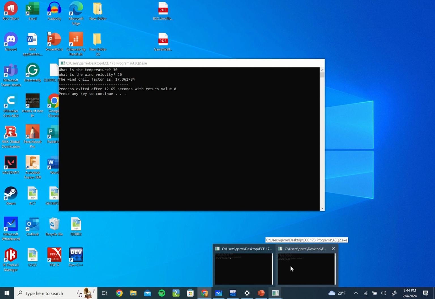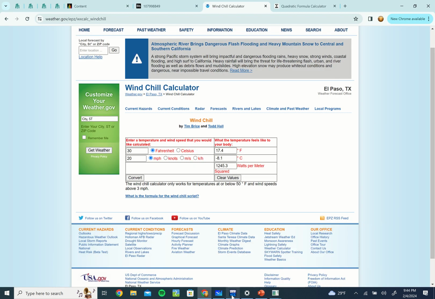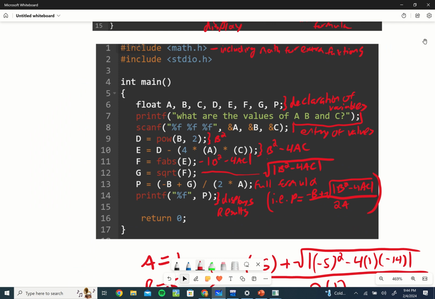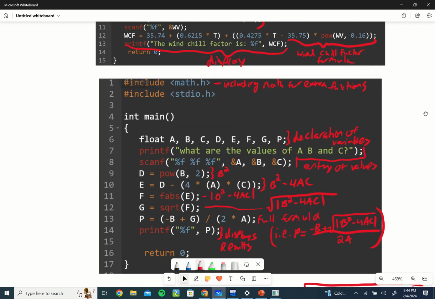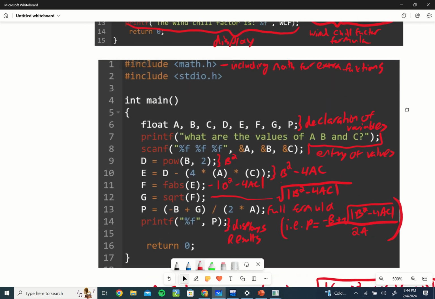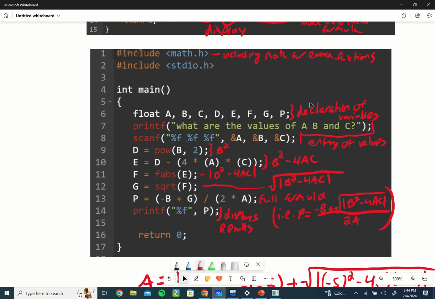So pretty close, just a little off with all the strange numbers that we have to multiply by, as well as the exponent to the 0.16. But for most cases, they just round up to the first decimal point. And then here's the one that deals with the quadratic formula.